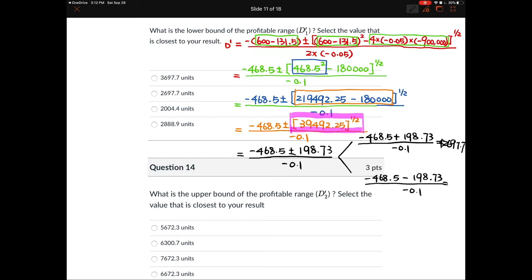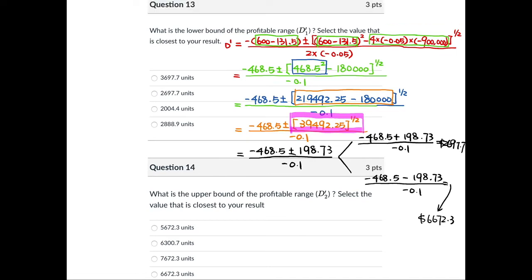And then the one below will give you the upper bound, which is, I will write it here, 672.3 dollars. So for question number 13, the lower bound is gonna be this one, and question number 14, the upper bound is gonna be this one.